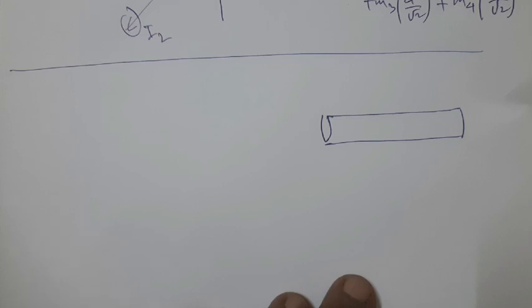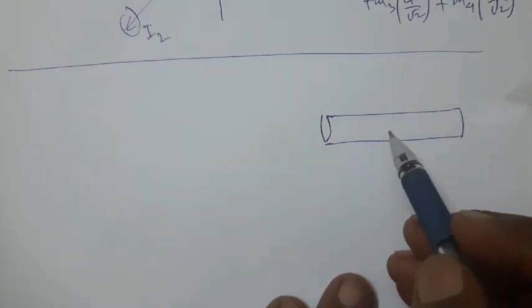Similarly, when we think about the rotation of the moon around the earth, we may treat this as a particle. But when we think about the rotation of the earth about its axis, we cannot consider earth as a single particle. We will have to consider it as a system of particles.